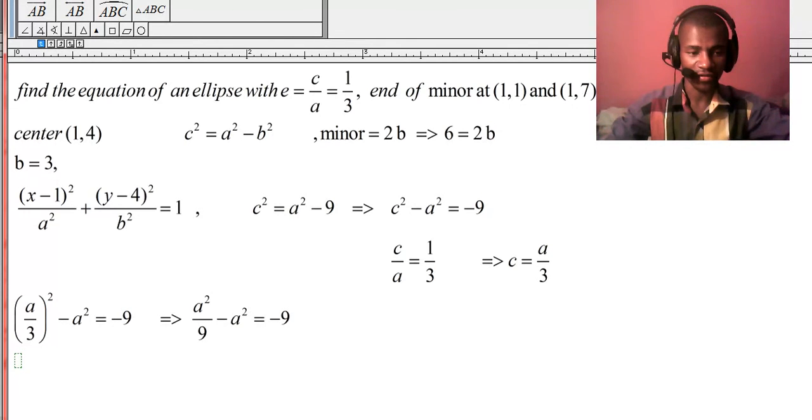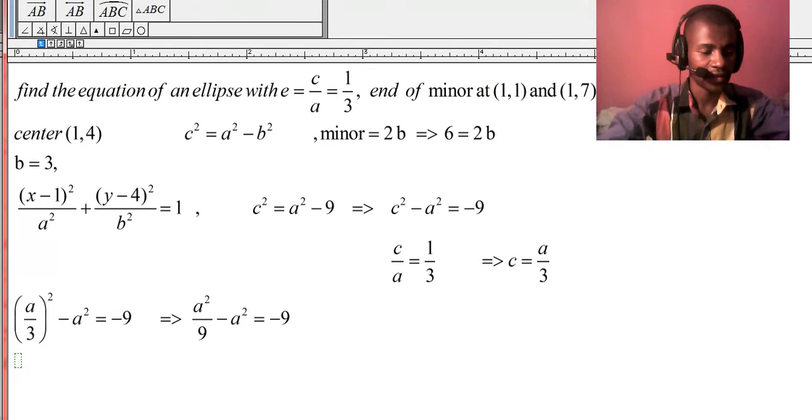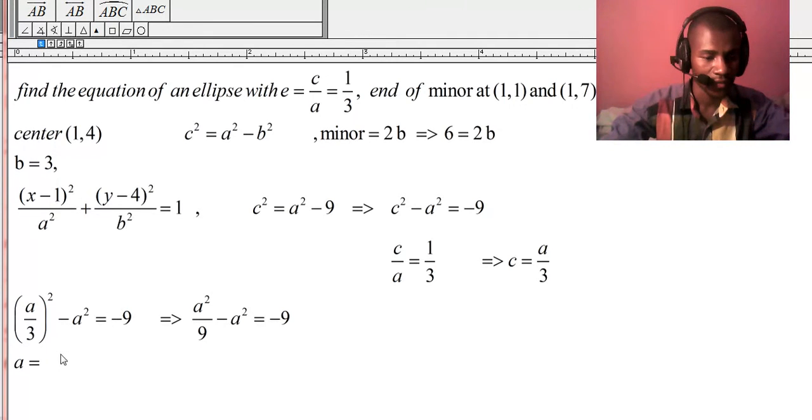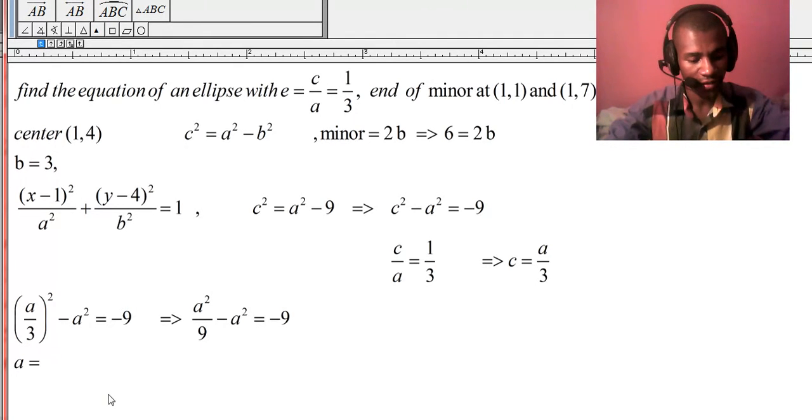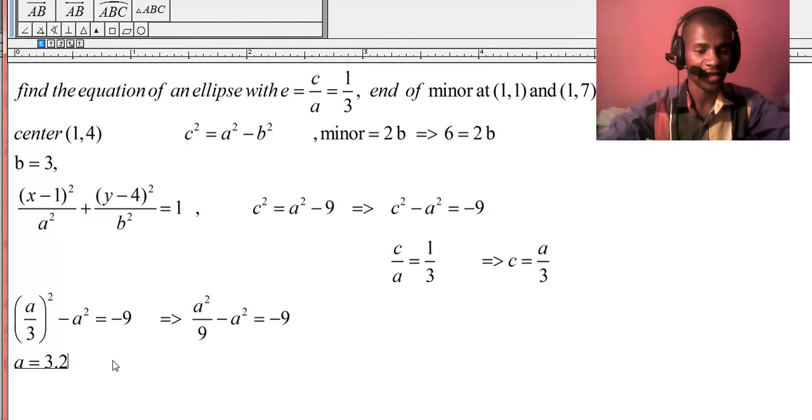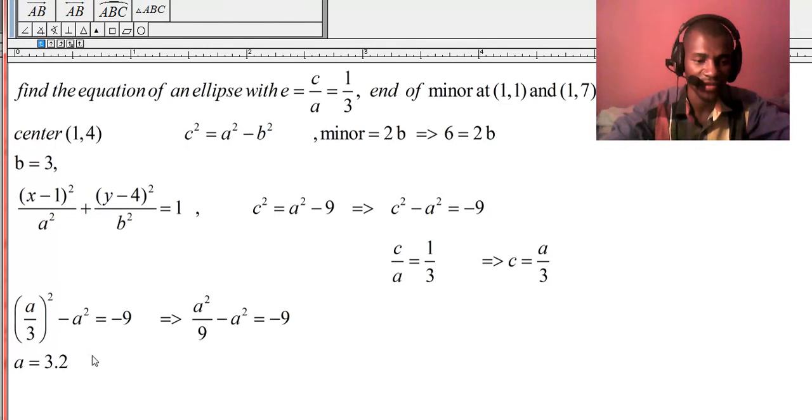So that will further go to A is equals to, if you solve for this one, you will find that A is equals to 3.2, is the value of A. And then we know the measure is 2A, so we just multiply this one to get the measure.